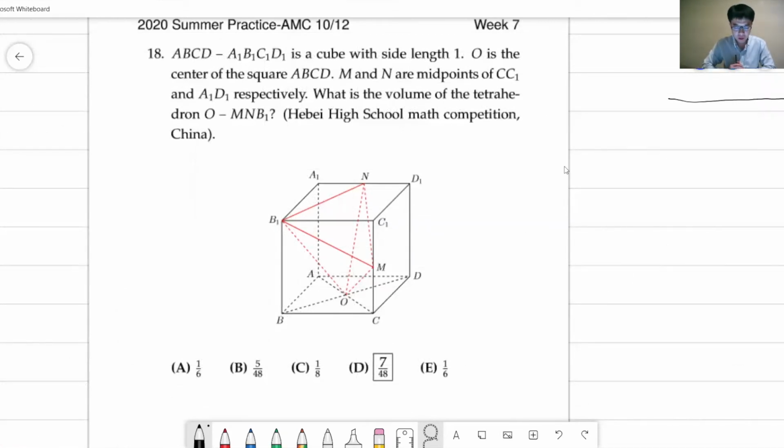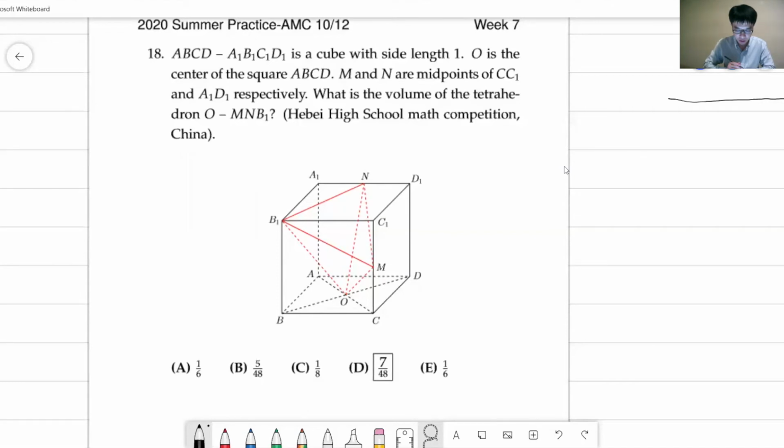We have this unit cube ABCD A1 B1 C1 D1. Here M is the midpoint of CC1, N is the midpoint of A1 D1, O is the center of the base ABCD. We need to find the volume of the tetrahedron OMNB1.